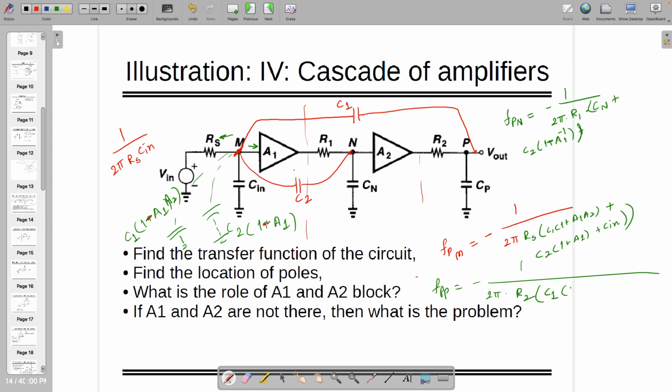That's correct. Thank you. Right? So now tell me. C1, 1 minus A1, 1 upon A1 into A1 A2 inverse, and plus CP, RCP into. That's it. CP.